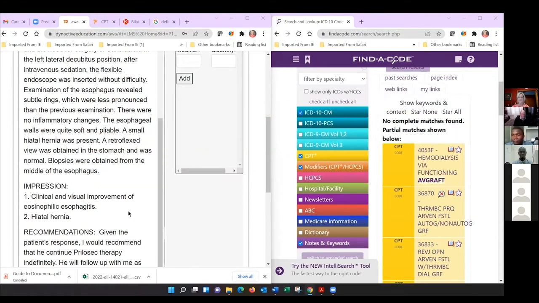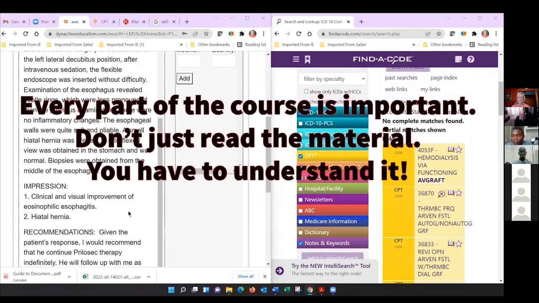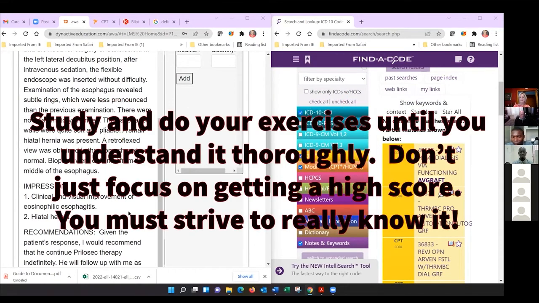So the importance of taking the course from A to Z and not just reading, but actually thinking about it, doing those exercises until you get it, not just until you get it for a score. That's not what it's about for you. It's about understanding.